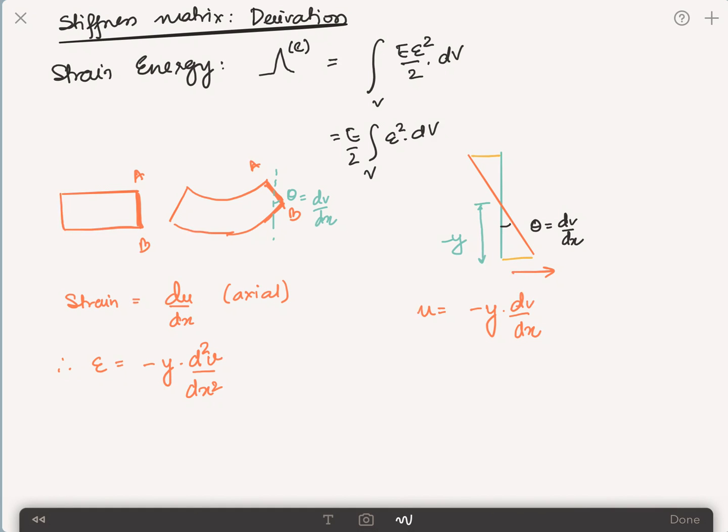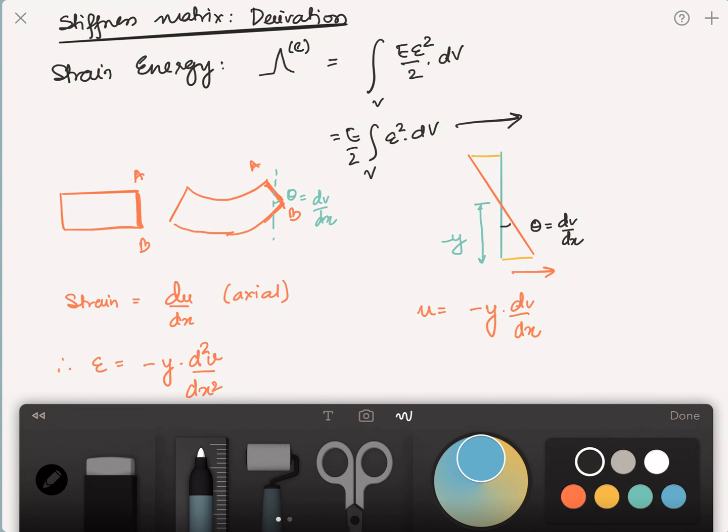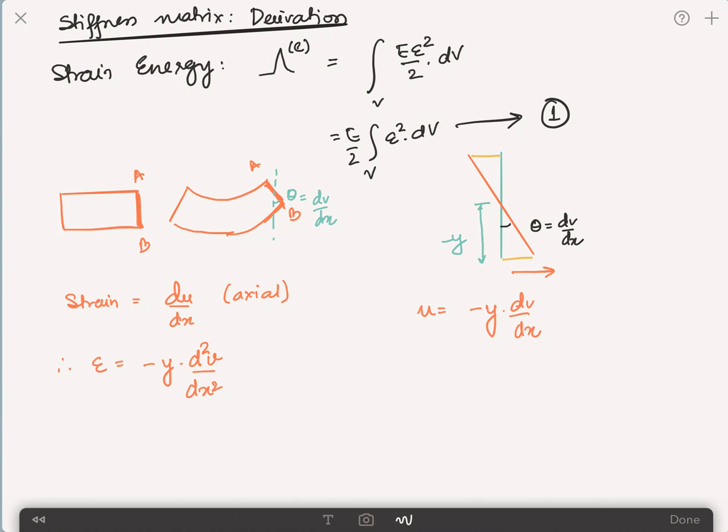Now we can substitute this back into the strain energy equation. So if I mark this as equation 1 and this as equation 2, then I can write, substituting 2 into 1, we get strain energy of the element to be equal to E by 2.